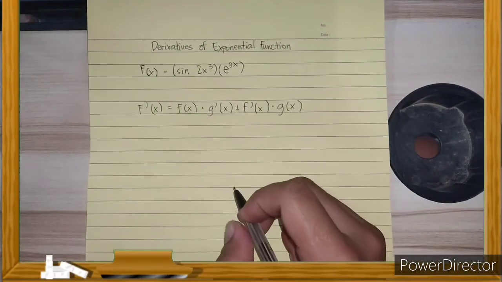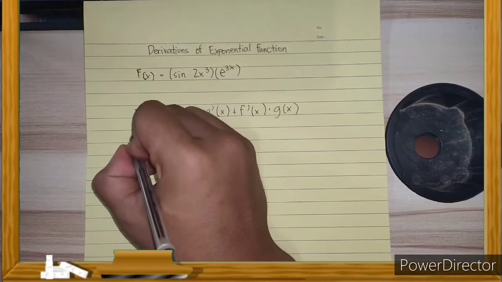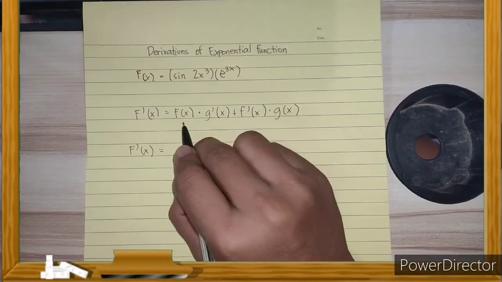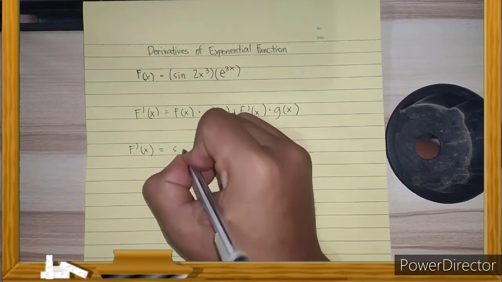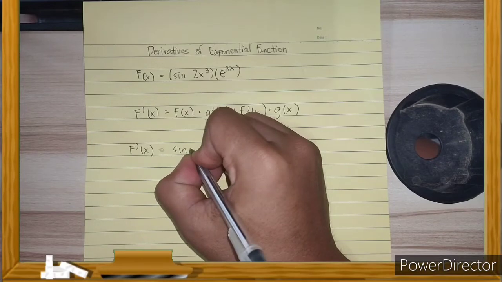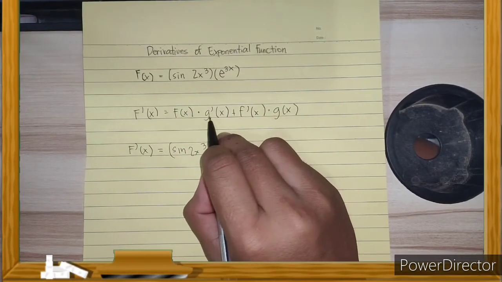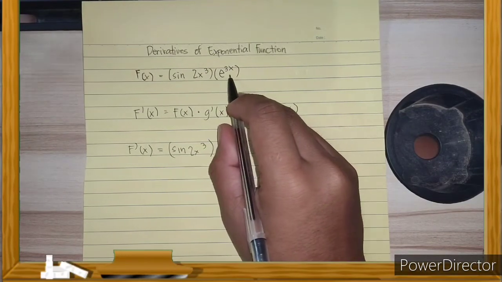So next, we need to distribute our value. Our f of x is equal to sine 2x cubed. And then times the g prime of x, which is our e to the 3x.